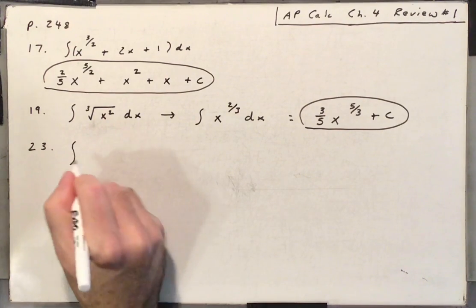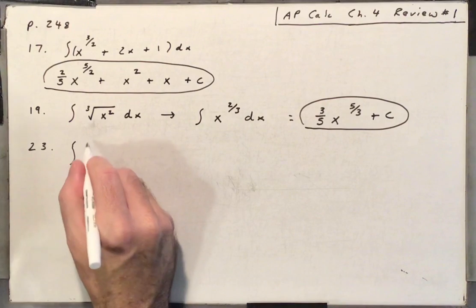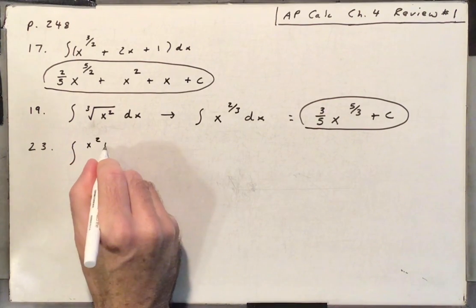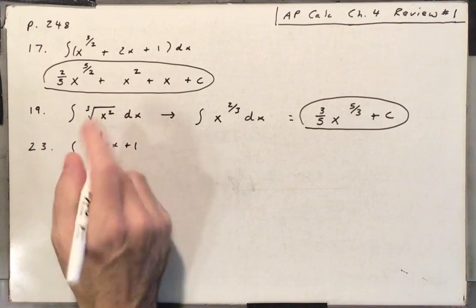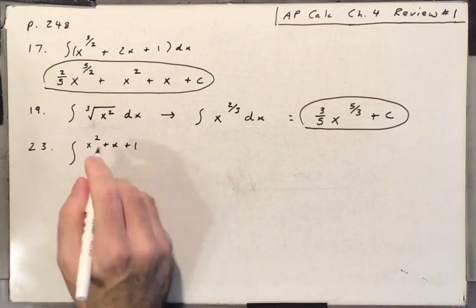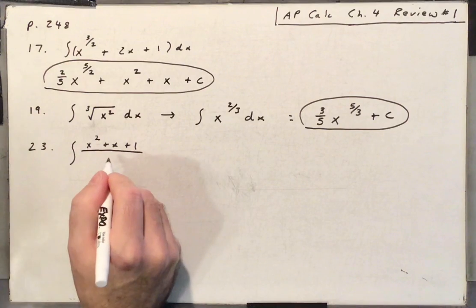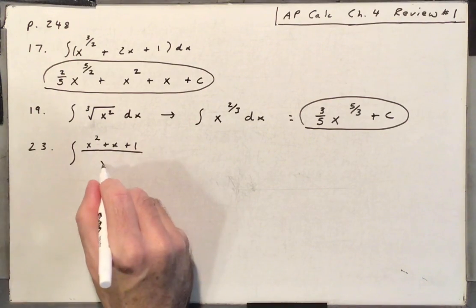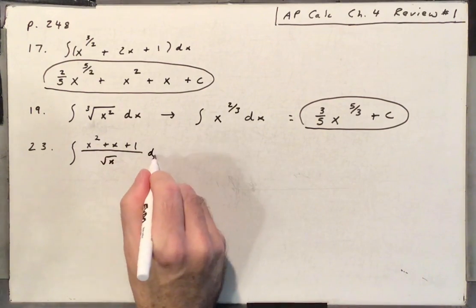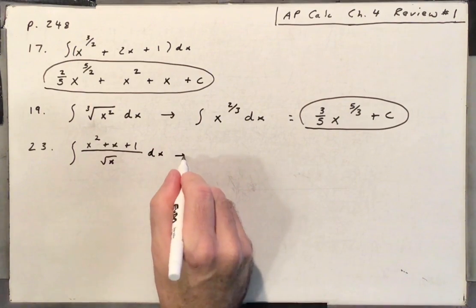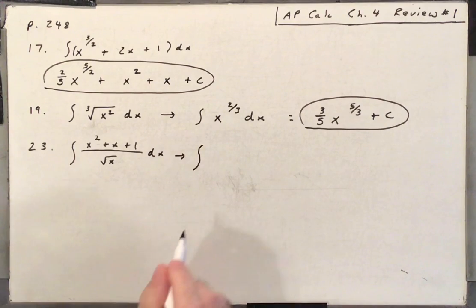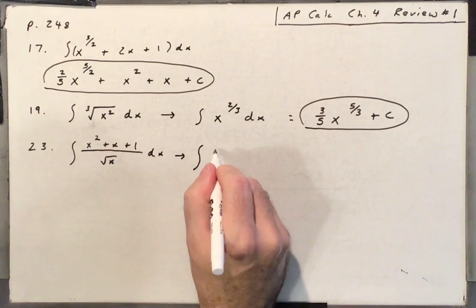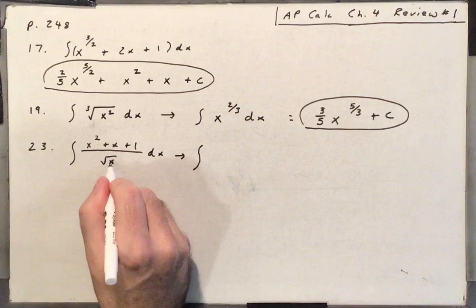Alright, so this is x squared plus x plus 1 over the square root of x. Now let's rewrite this. I'm going to do one step that you probably wouldn't do, but this is x to the 1/2, right?